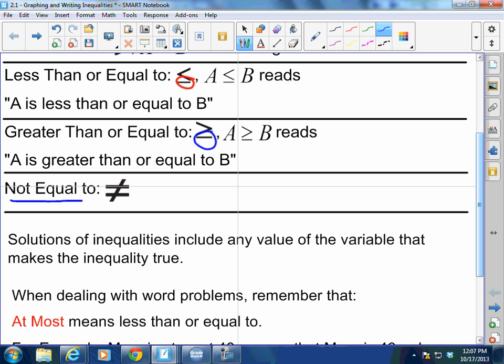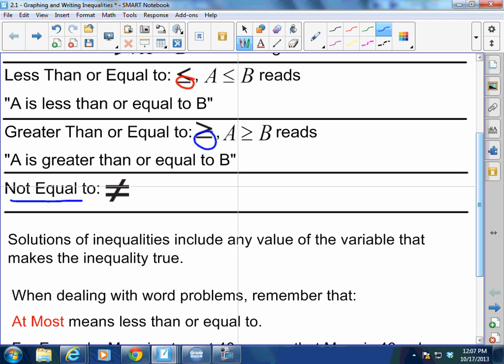Now, when we're talking about the solutions, and notice how I say plural, solutions of an inequality, the solutions of an inequality are the values that make the given inequality true. Solutions of inequalities are basically infinite.